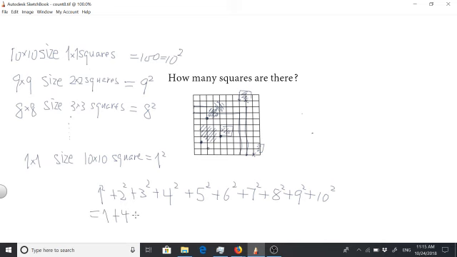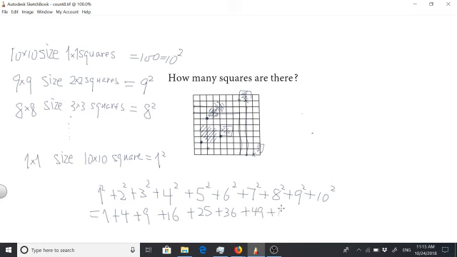1 plus 4 equals 5. Plus 9, 14. Plus 16, that's 30. Plus 25 becomes 55. Plus 36, that's 91. Plus 49, 140.